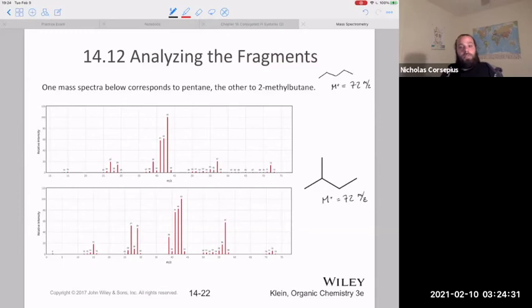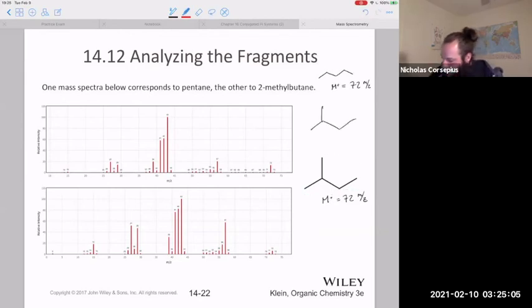What you want to notice about 2-methylbutane is it has this tertiary carbon, which means that when it fragments, it's going to become a secondary carbocation. And there's actually two different ways that it can fragment and form a secondary carbocation.